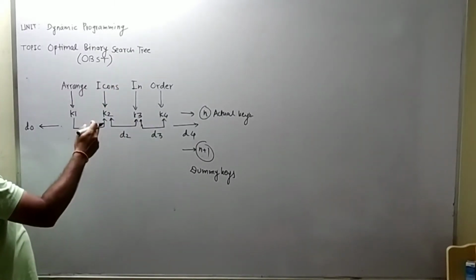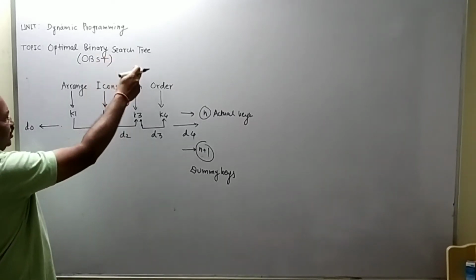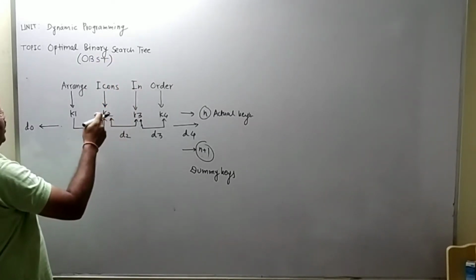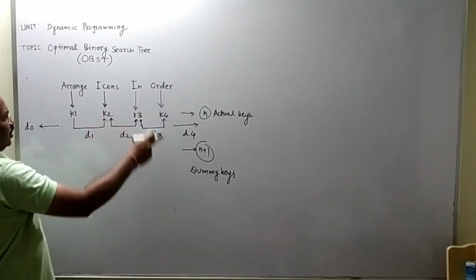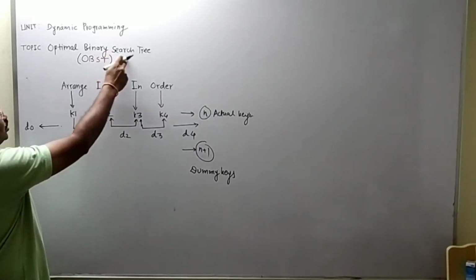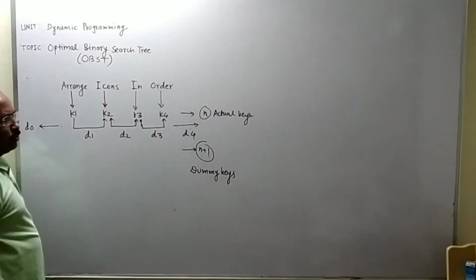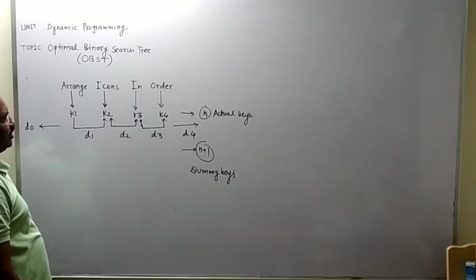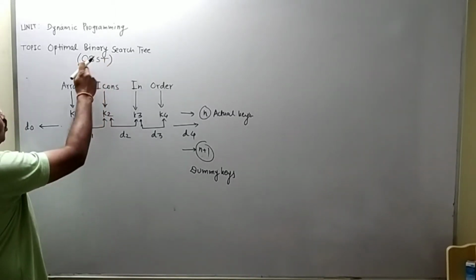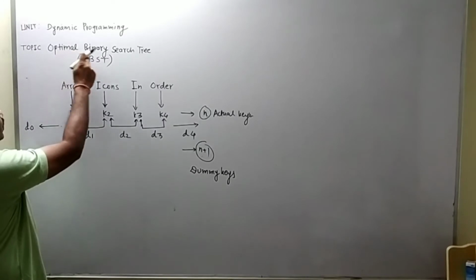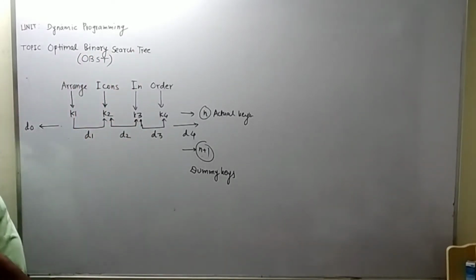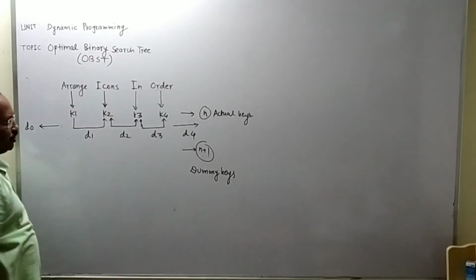Now many binary search trees can be obtained for searching these words, but out of these binary search trees we have to find the BST which gives us the minimum expected searching cost, and such a BST is called the OBST, that is optimal binary search tree. Now let us see one example, and we will try to find out which one will be the OBST from the given binary search trees.